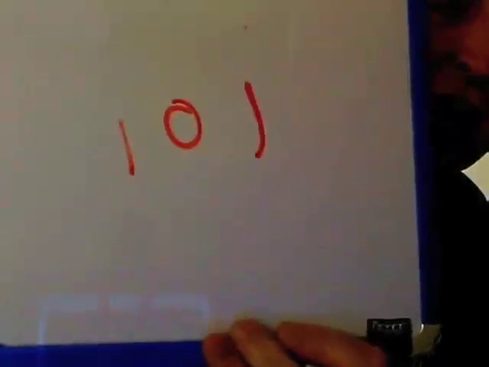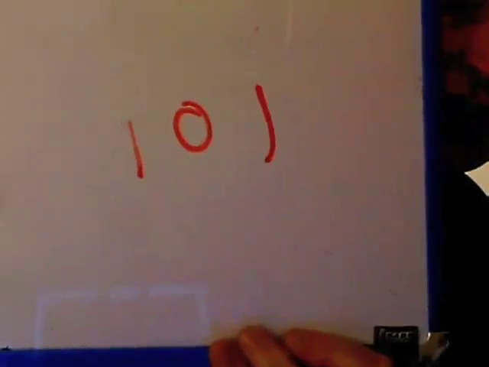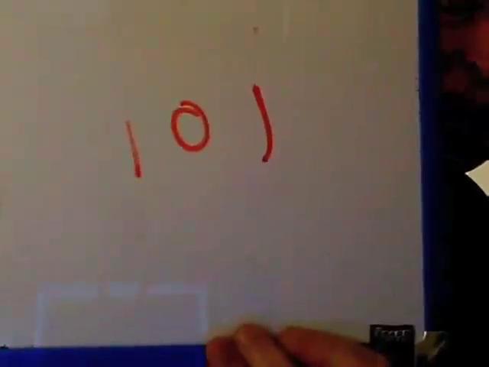Let's suppose we had 1 0. We have no 1s and 1 2. Let's suppose we have a 1 0 1. We have 1 1. We have no 2s, and we have 1 4. We have the value 5.